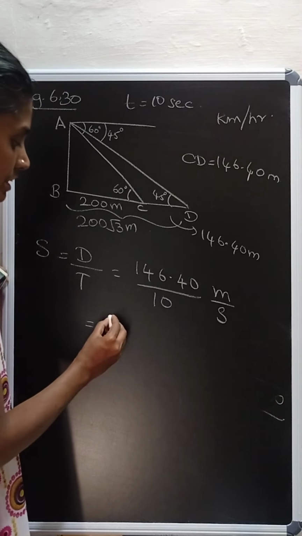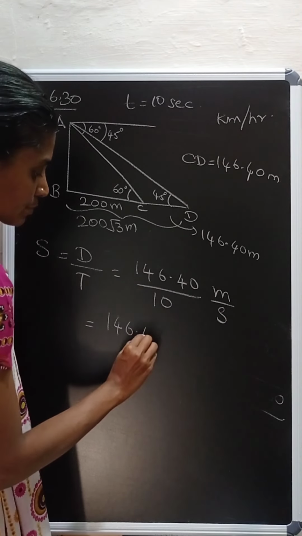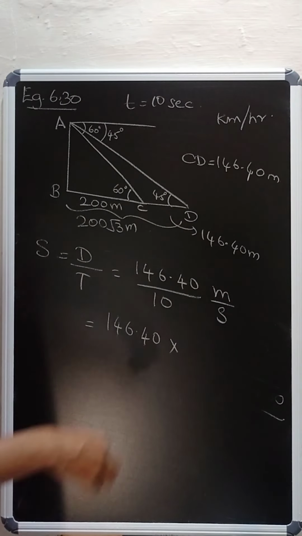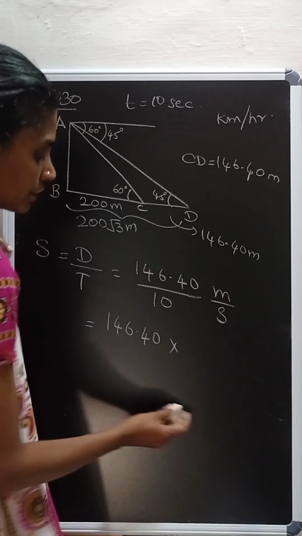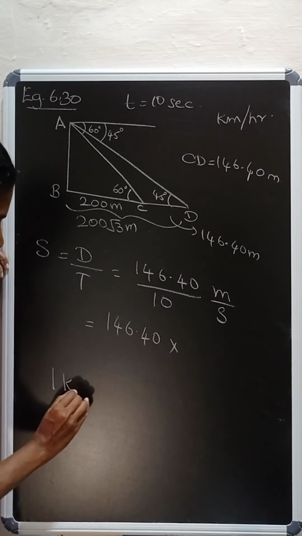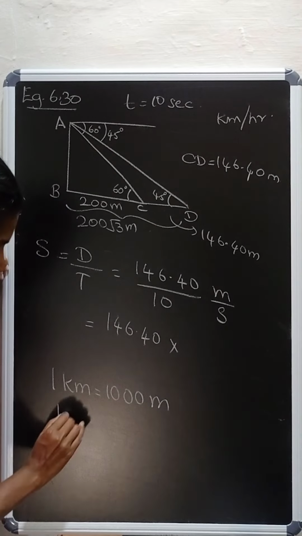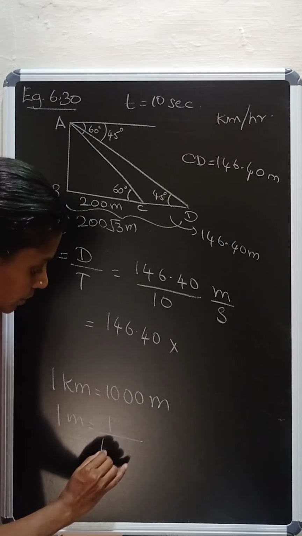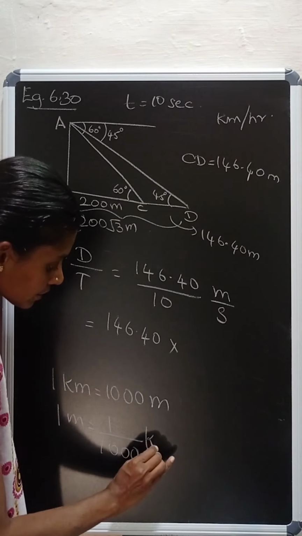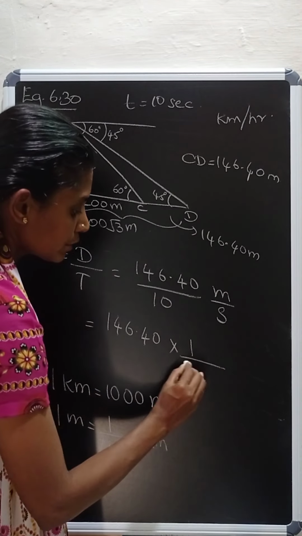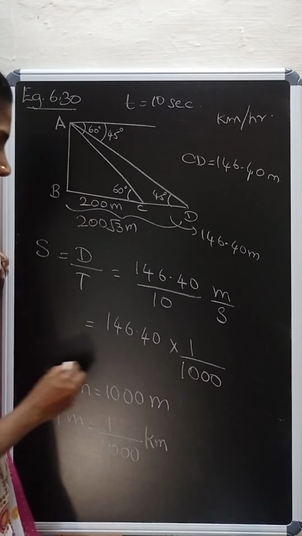So to convert this 146.40, meter into kilometer, how will you convert? 1 kilometer is equal to 1000 meters. So 1 meter is equal to 1 divided by 1000 kilometer. So this we are going to divide by 1000.